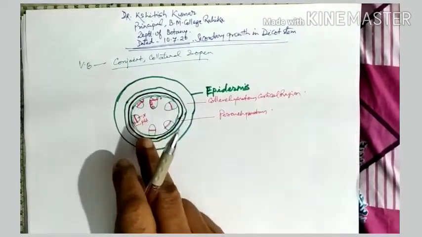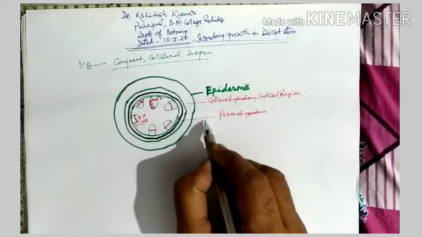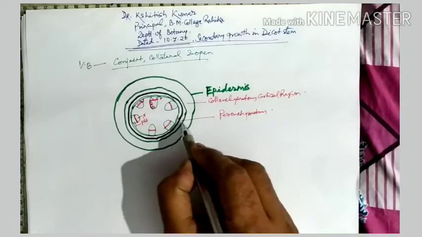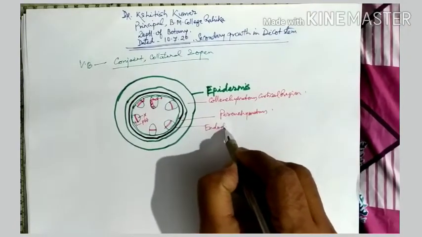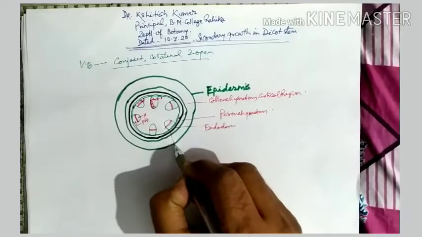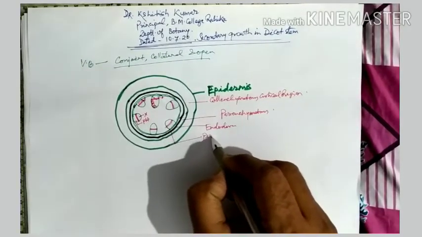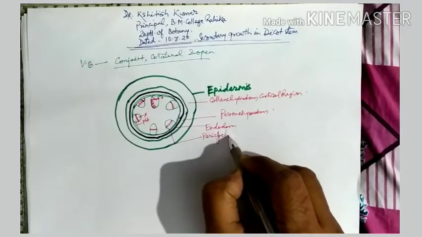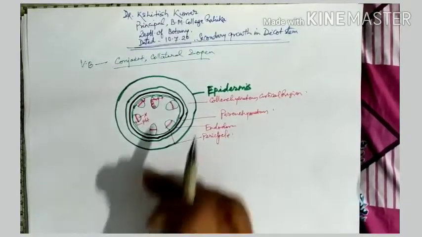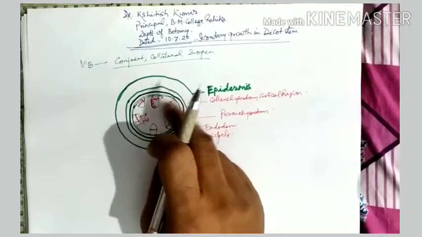So here we see this is the parenchymatous cortex, this is endodermis, here is the pericycle, and next to the pericycle there is pith.